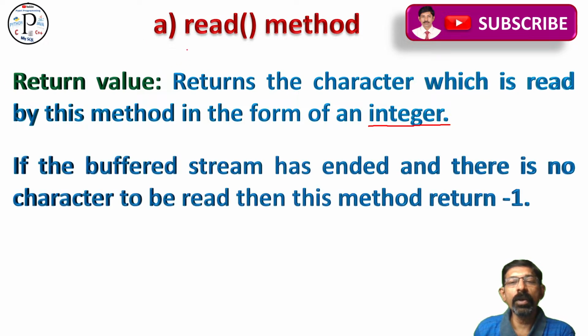If the buffer stream has ended, that means it is unable to stream. Like you say, sir, the stream has ended. If the buffer stream has ended and there is no character to be read, then this method returns -1. If there is no data in the buffer and you want to read from the buffer, then it will return -1.